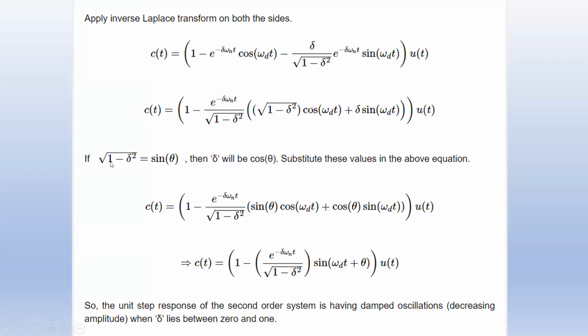If we assume root of 1 minus delta square is sine of theta and delta is cos of theta, then substituting, we get sine a cos b plus cos a sine b, which is sine of a plus b. In this way, we get a generalized output expression. This is how we can derive the output expression in the underdamped situation, that is when delta lies between 0 and 1.